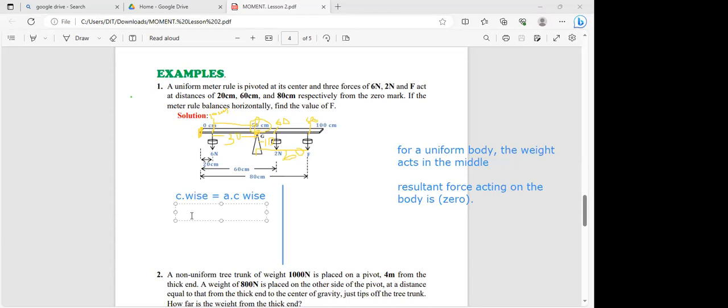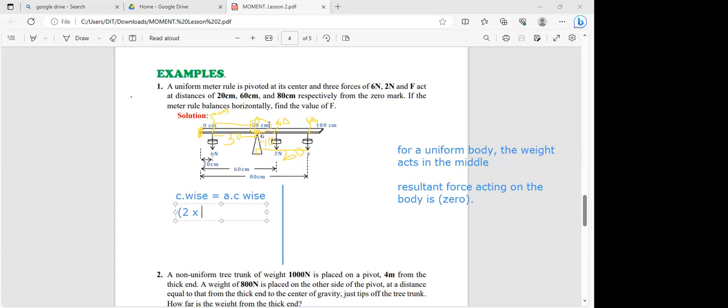So, we are going to get the sum of the moments. First of all, we have 2 times its distance from the pivot, which is 10, but these distances are in centimeters. So as you calculate in moments, you have to change these distances to meters.